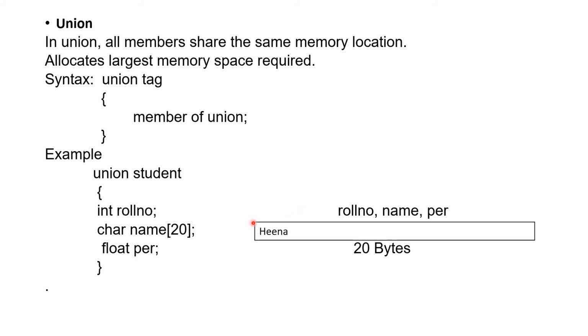So it is shared by all these three members, so only one member can be stored at a time. If I store the name here, I am not able to store the roll number and percentage. You can store only one of these values at a time. Suppose I store the roll number, then I am not able to store the name and percentage. So this is the working of the union.